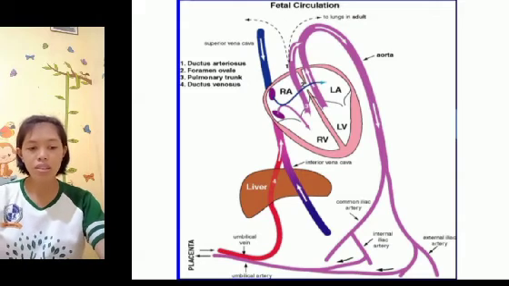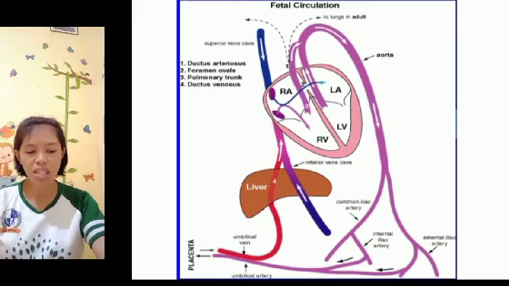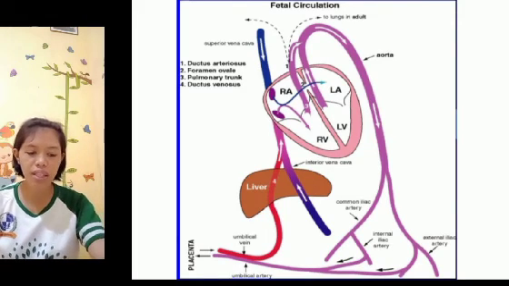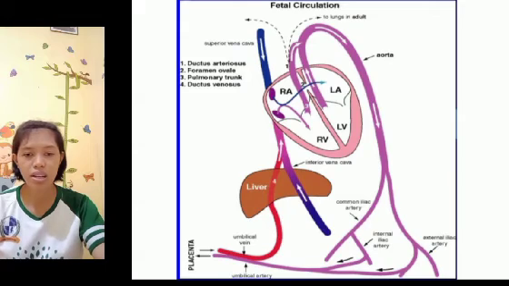Okay, so if I want to go to the right ventricle and then into the pulmonary trunk, I have another bypass of the lungs that we call the ductus arteriosus. So if I want to bypass the right ventricle and then go to the pulmonary trunk, I bypass there, and that's what we call the ductus arteriosus.